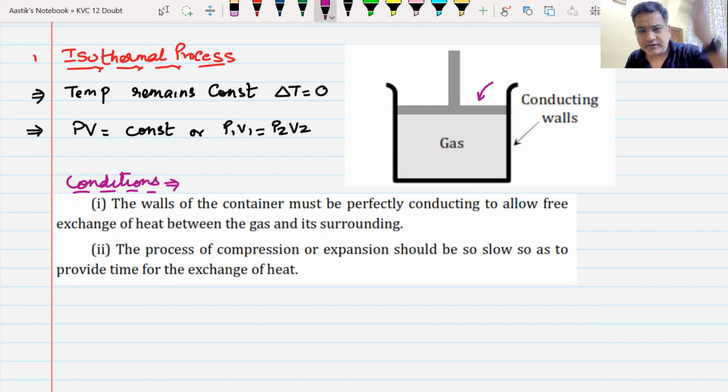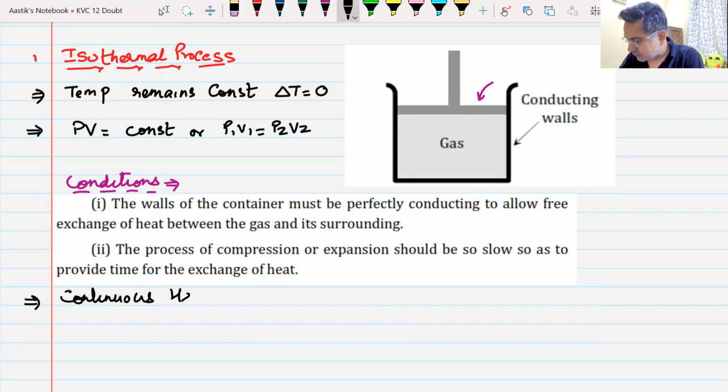So that there could be a free exchange of heat between the system and the surroundings. That is the only way you can make the process perfectly isothermal. To have a perfectly isothermal process, there must be a continuous heat transfer.